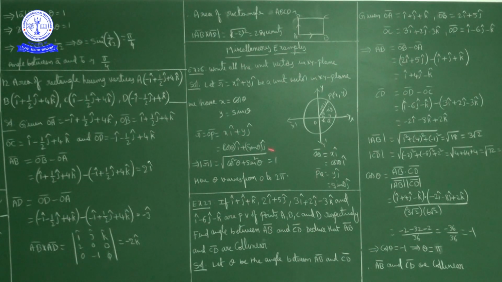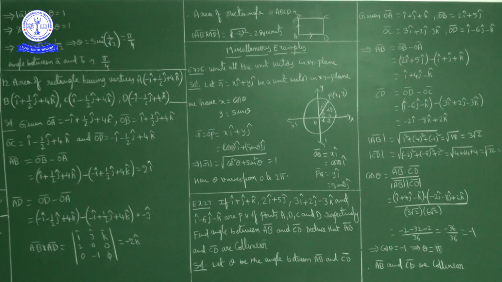Now x i cap is nothing but cos theta i cap, and y j cap is sin theta j cap. Now the magnitude of r bar is square root of cos square theta plus sin square theta, which is square root of 1, that is 1.